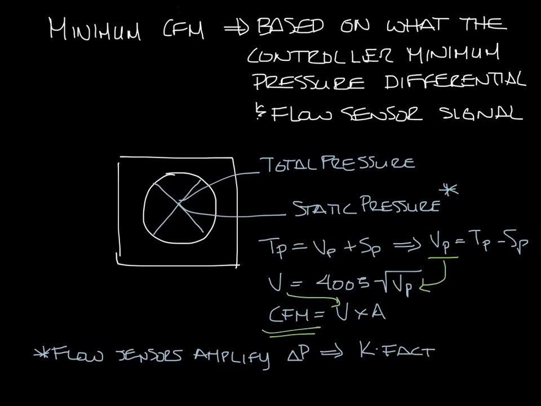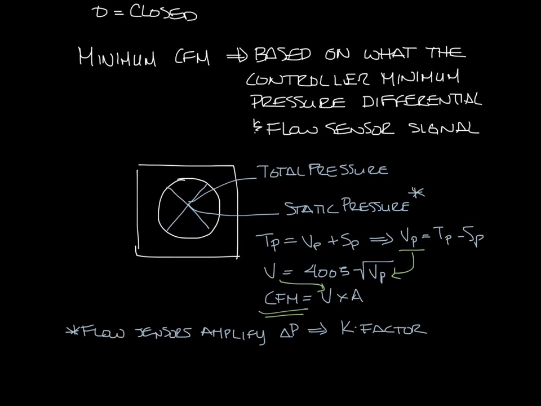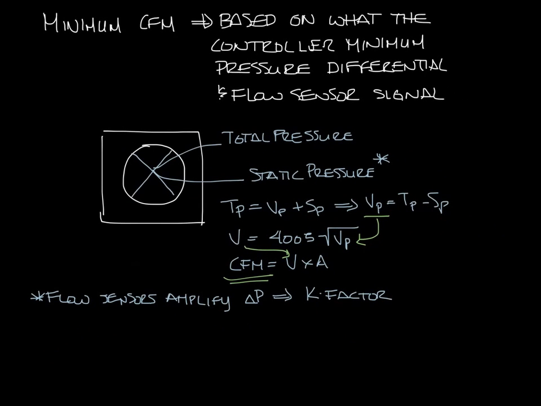That brings us to the flow sensor's K factor. You've probably heard of the K factor. It's something you put in your controller so you know that for a Titus sensor you need to use this K factor. But what that really is, is the CFM for that flow sensor where delta P is 1 inch, where delta P is the difference between your two signals here.